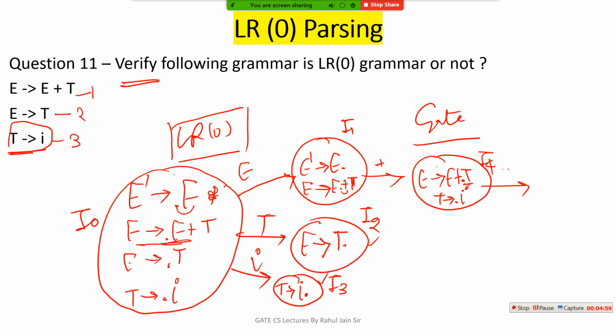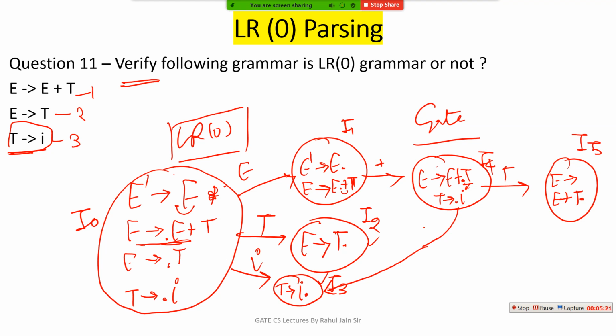Now from this state, on T it shifts to I5, which contains E derives E plus T, and it is now reduced. On i, it directly shifts to I3 and reduces in I3.